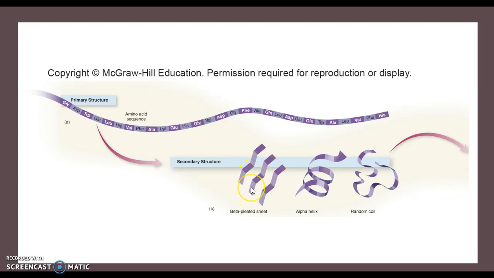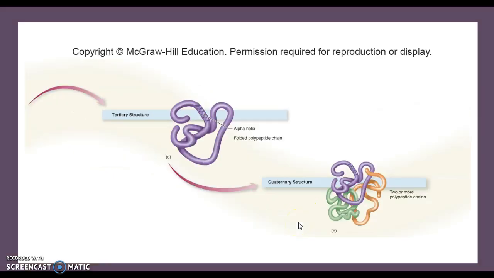This is a beta pleated sheet, and this is the alpha helix. So depending on how these amino acid groups form those hydrogen bonds will then determine what shape the protein takes in its secondary structure. And then finally, we have the tertiary and quaternary structure.